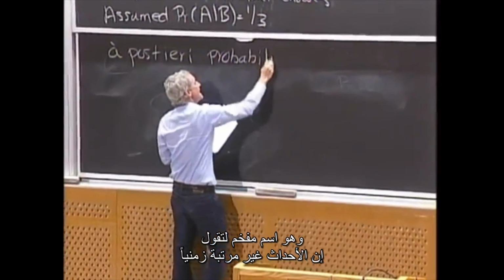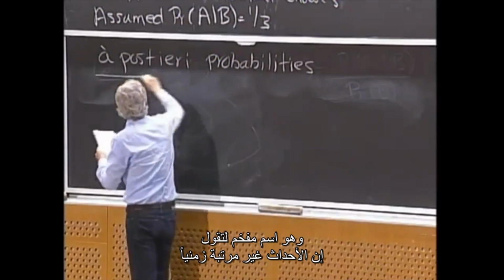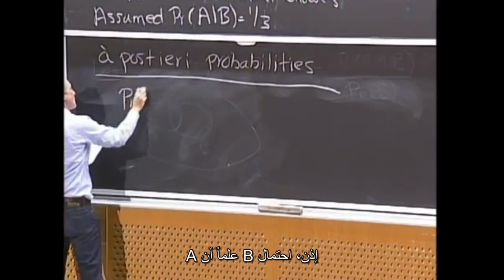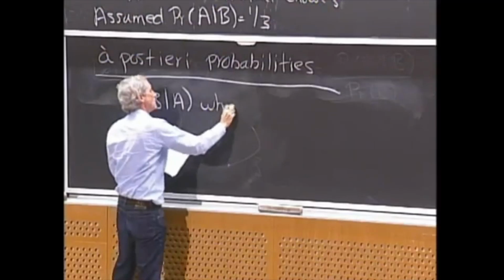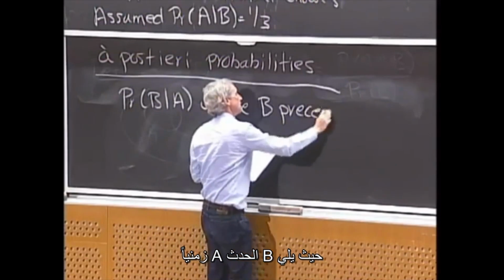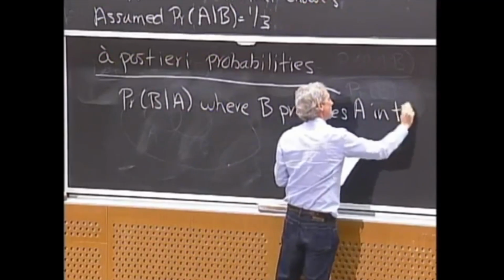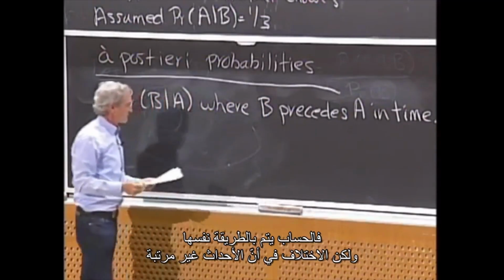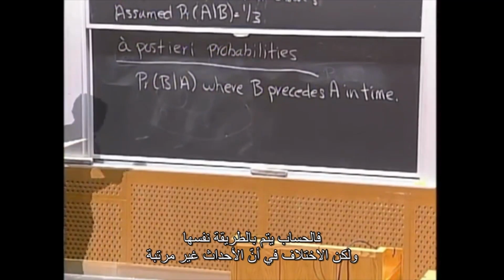It's a fancy name for just saying that things are out of order in time. All right, so it's a probability of B given A where B precedes A in time. All right, so it's the same math, it's just they're out of order.